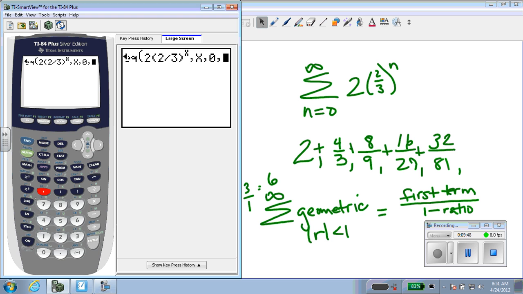And I don't have an infinity key. In statistics, I have an infinity key, but for this particular function, I do not have an infinity key.